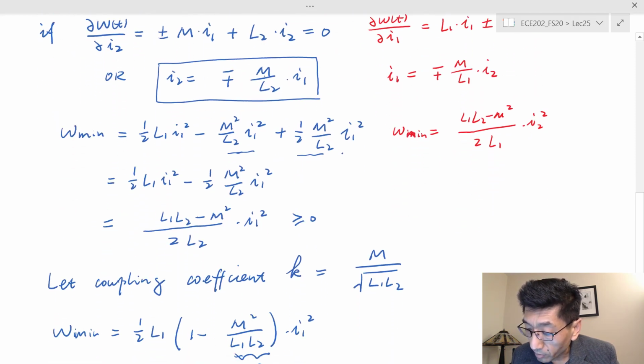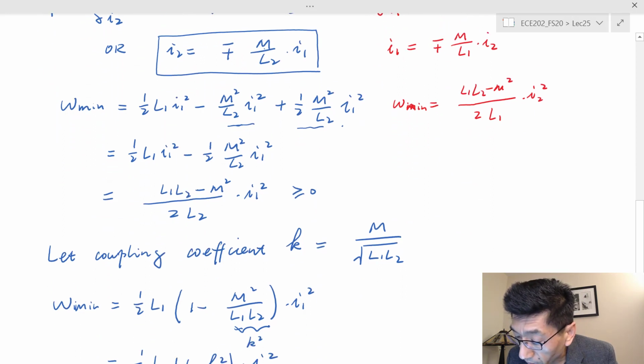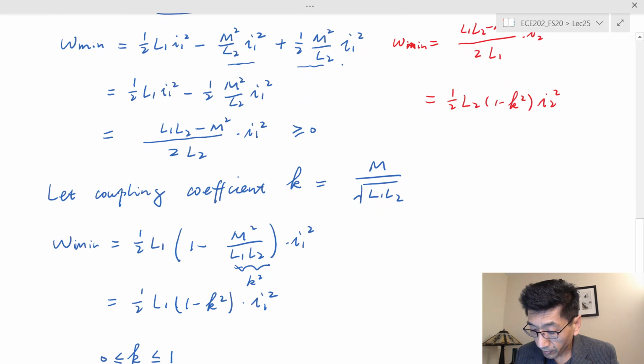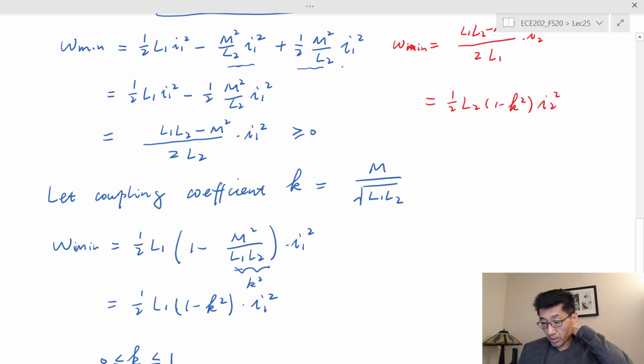And if you use the coupling coefficient, that should give you half L2 times 1 minus k squared times I2 squared, right? So those are the two scenarios. I'm not going to go through the detailed derivation in this lecture. There is more detailed derivation in the Google Colab notes.